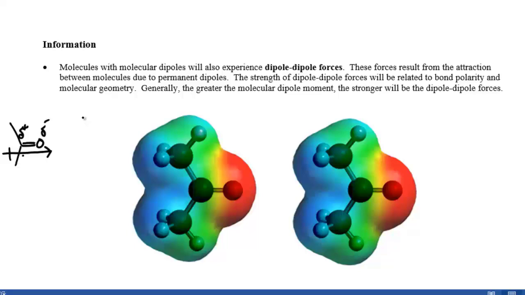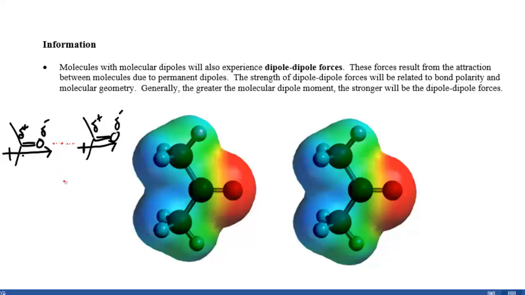Now I can draw in a second acetone molecule here, and where we've got a delta positive and a delta negative, and the molecular dipole. And what we would expect is that there would be an attraction between the negative side of the acetone molecule and the positive side.